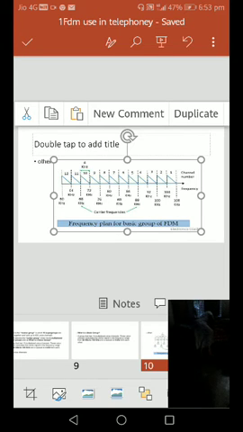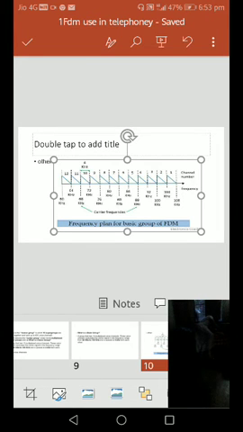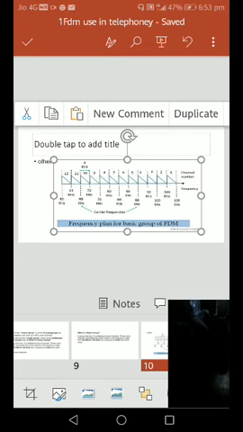Each channel occupies 4 kHz of bandwidth. 12 channels into 4 kHz each is equal to 48 kHz.